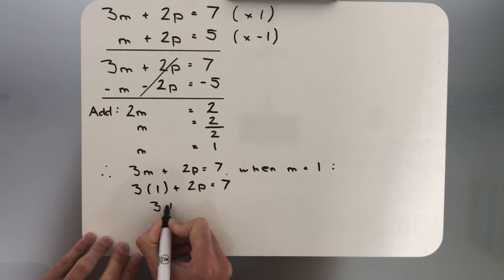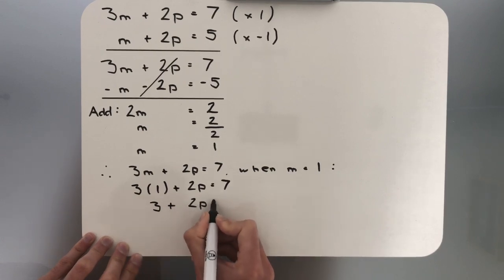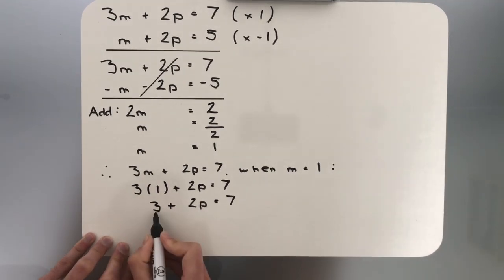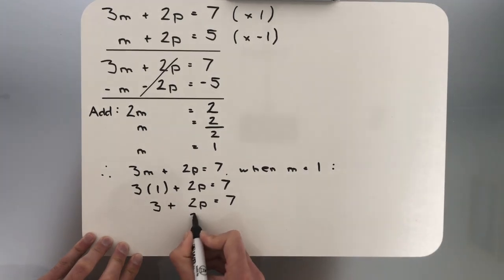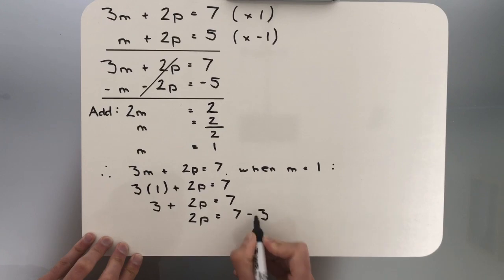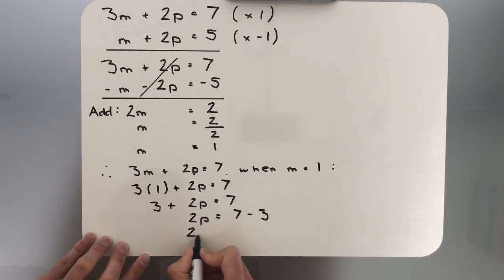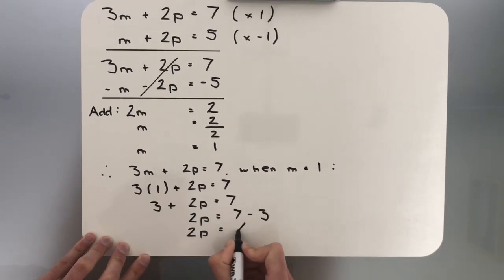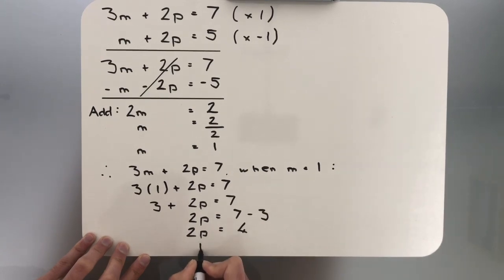We have 3 add 2p is 7. Positive 3 goes over and becomes -3, so 2p is equal to 7 subtract 3. So 2p is 4, which means the value of p in this instance will be 4 divided by 2, which is 2.